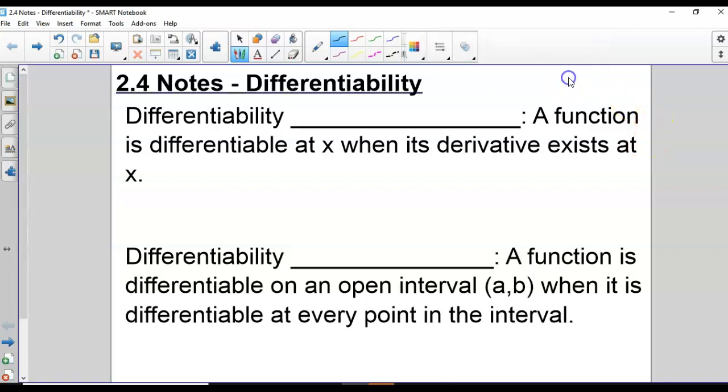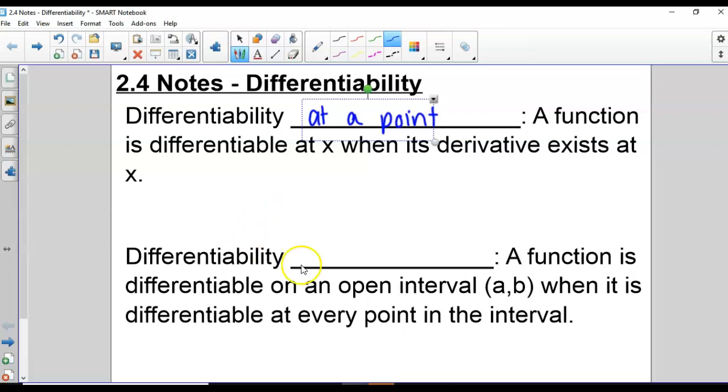About differentiability, and differentiability at a point is the first thing that we're going to consider. A function is differentiable at x when its derivative exists at x, so it has a slope at x.